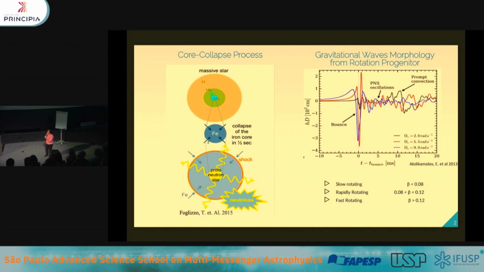In the center of this core, we have a protoneutron star, so when the material falls, it shocks with the protoneutron star. This process we call core bounce because it's literally like a bounce.